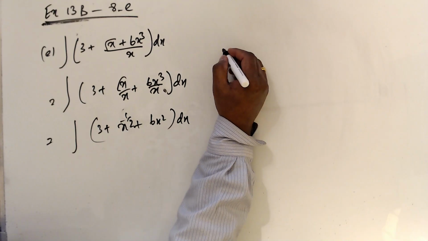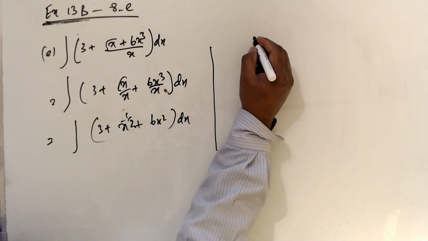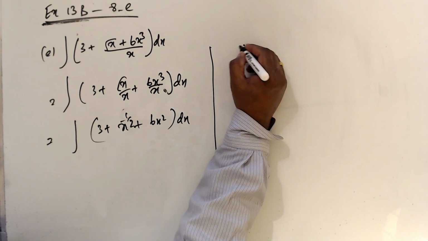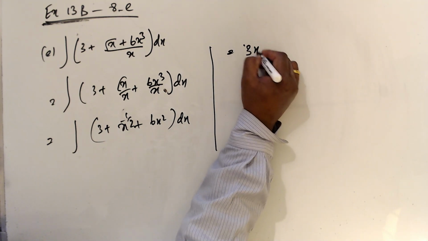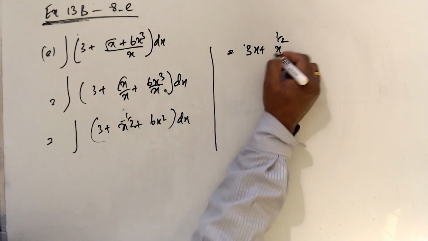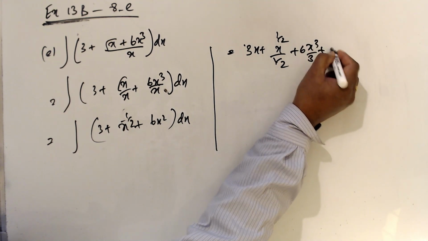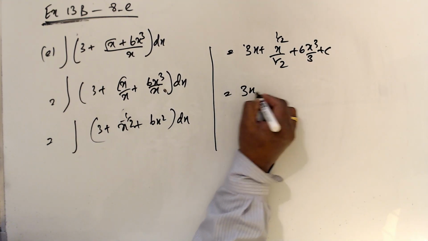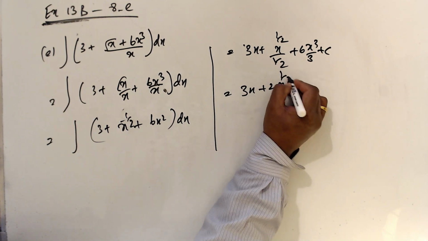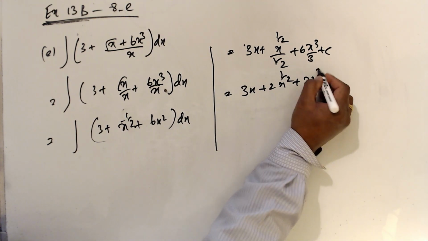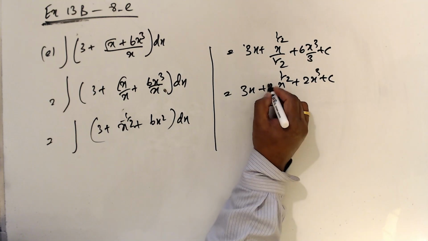So this is going to be equal to 3x plus x half over half plus 6x cube over 3 plus c. So 3x plus 2x half plus this is 2x cube plus c.